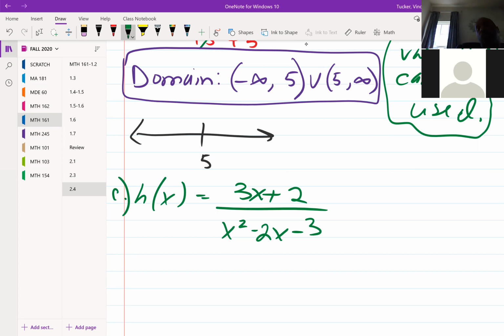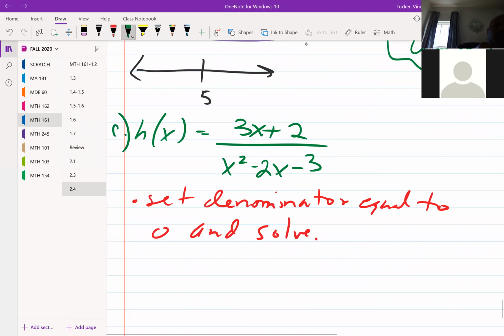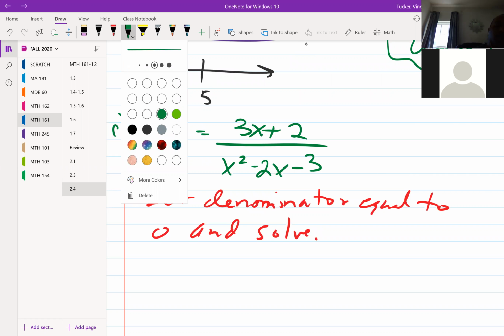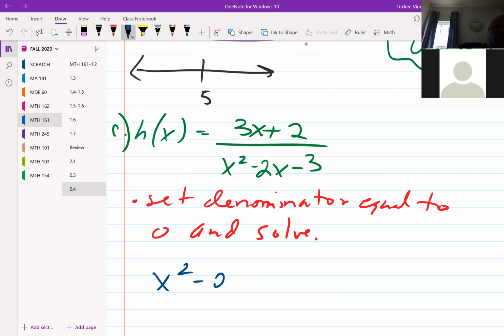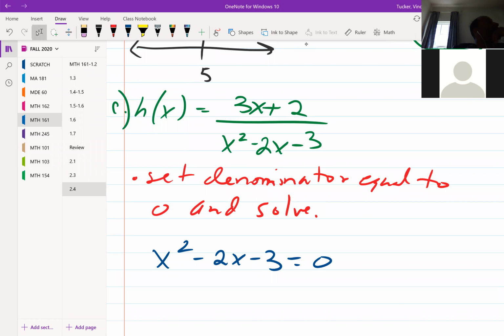Once again, we have a rational expression. We have a fraction, so we're going to set the denominator equal to 0. All right. X squared minus 2x minus 3 equal to 0. Use whatever method you like to use in order to solve it.